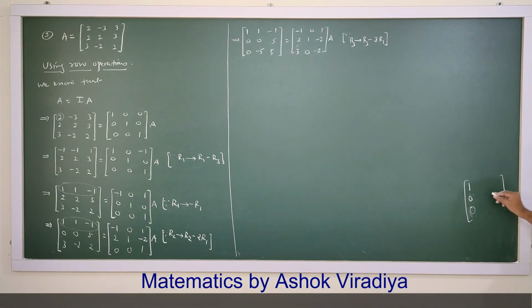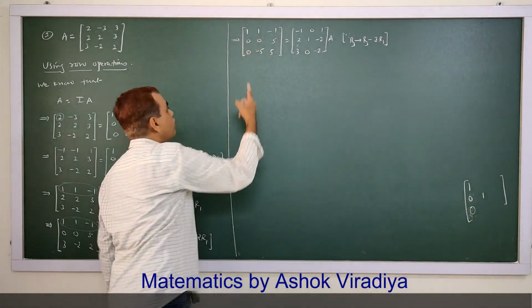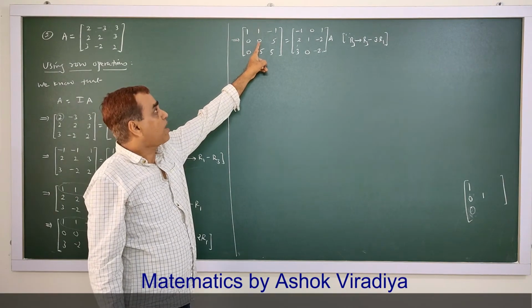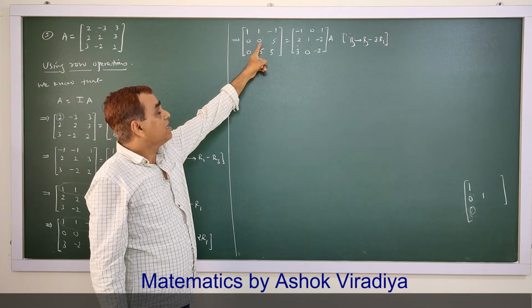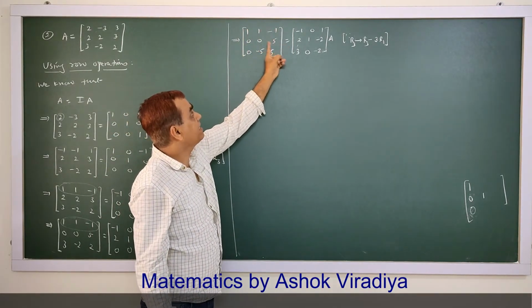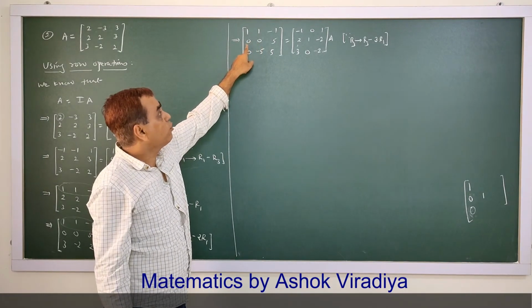Now next step, we want 1 here. That is the fourth step. So focus here. We want 1. To have 1 here, if you add the first row to the second row, you can get 1 here. But this 0 will be removed.